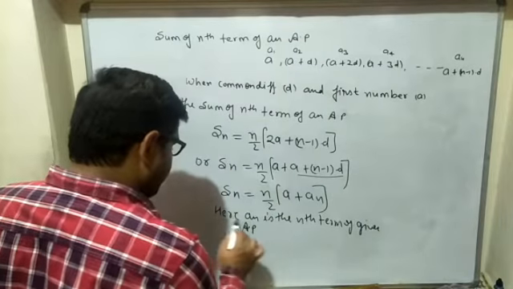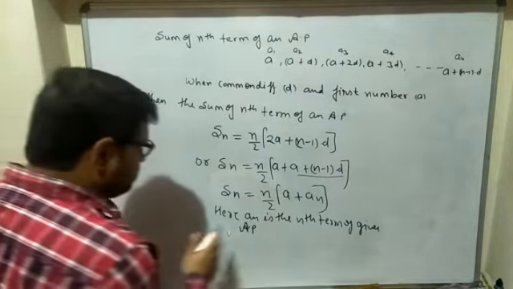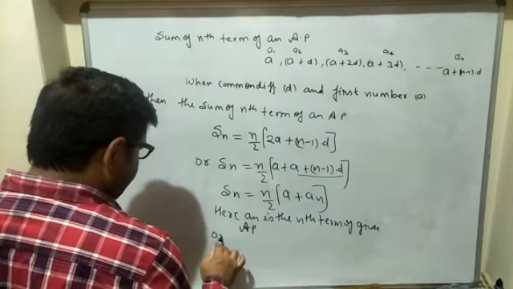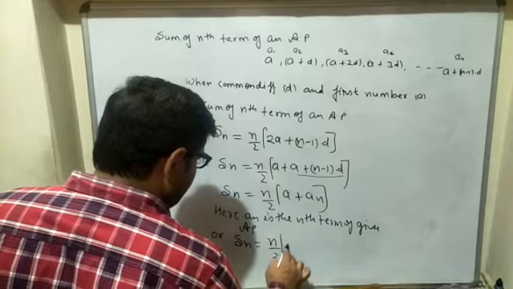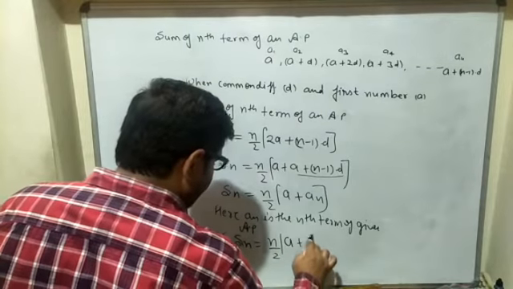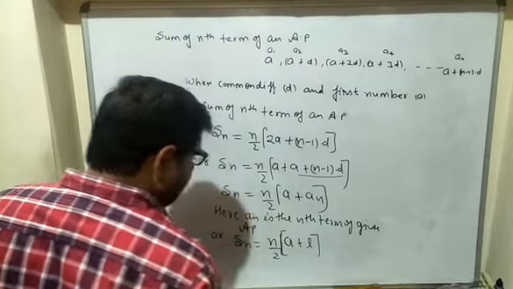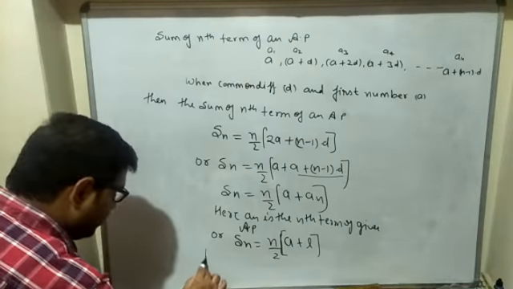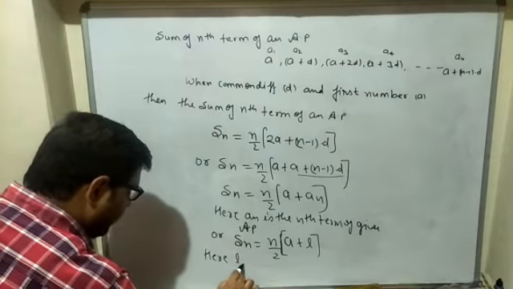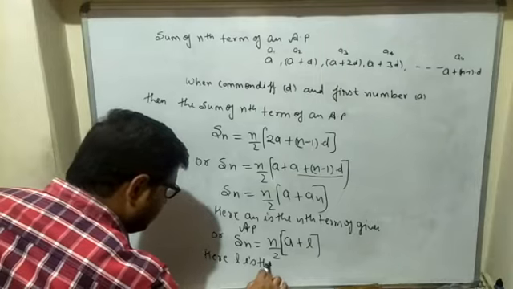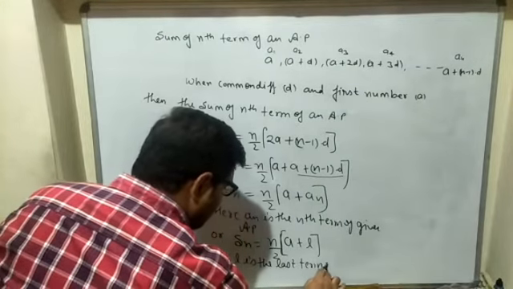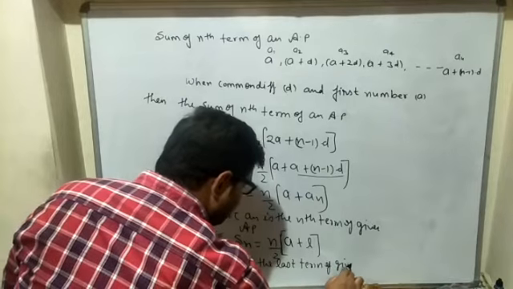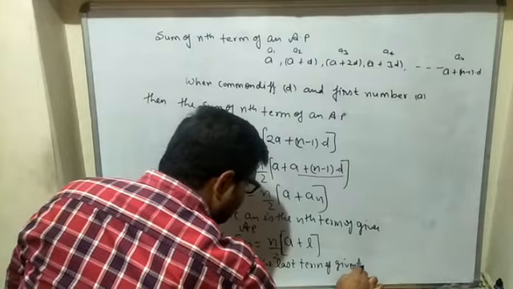Okay, in most of the books we also write that formula, that Sn equal to n by 2 into (a plus l). Here l is the last term of given AP.